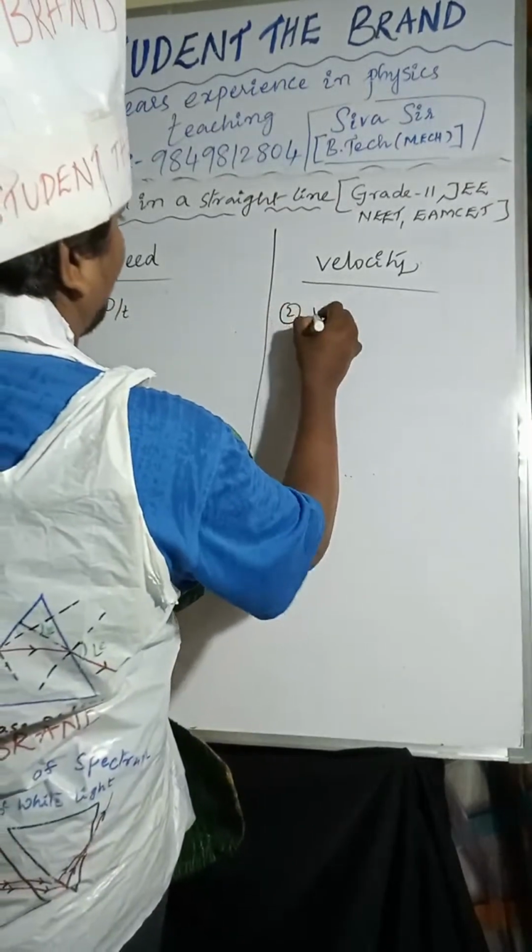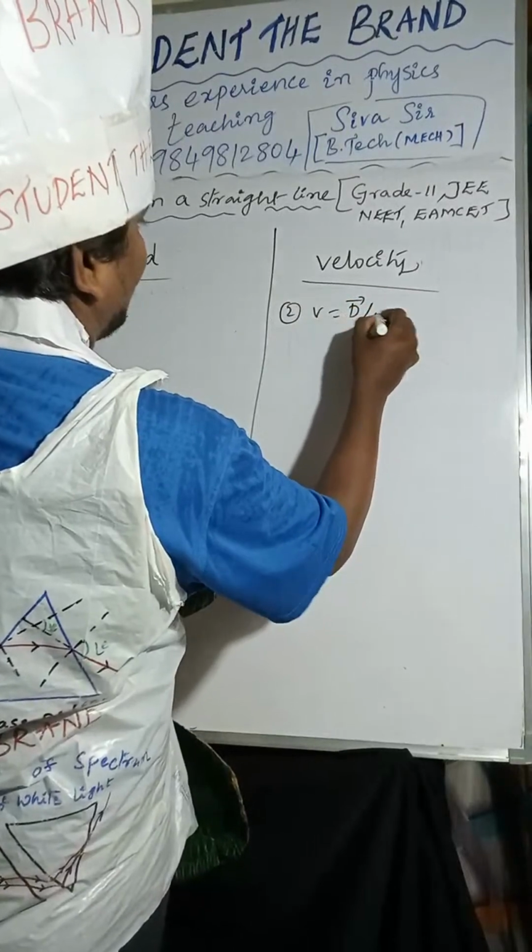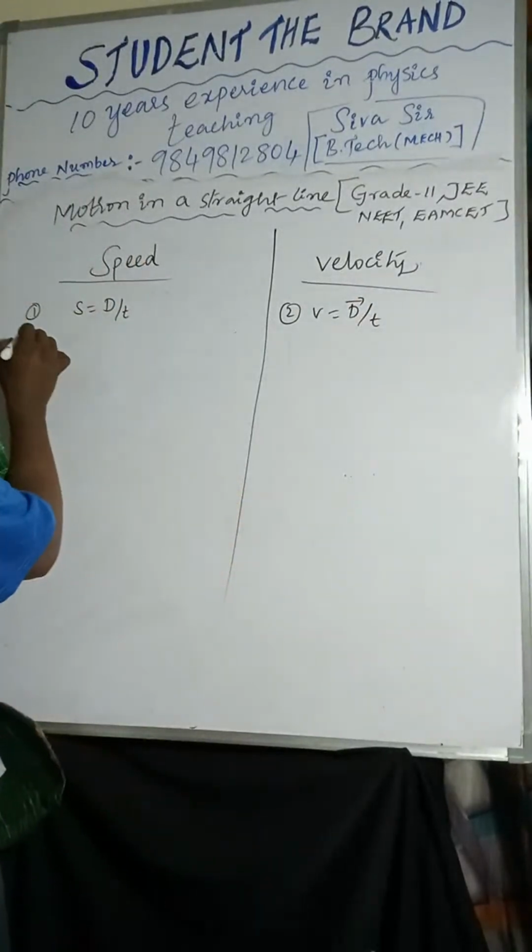Velocity is nothing but displacement by time taken. Only the direction changes, so displacement by time taken.